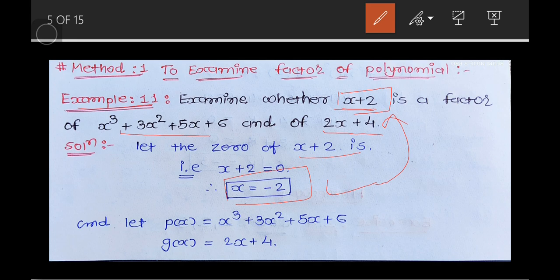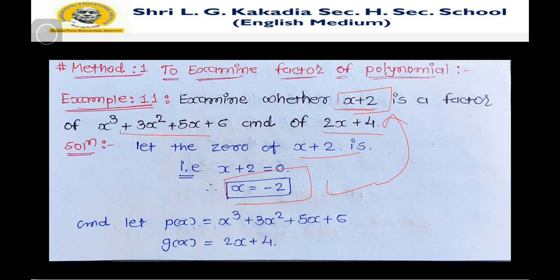Now let p(x) = x³ + 3x² + 5x + 6, and we assume g(x) = 2x + 4. Now let me verify whether x = -2 makes p(x) and g(x) equal to 0 or not.